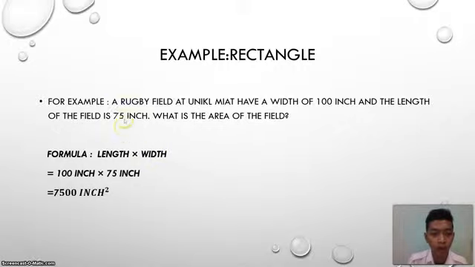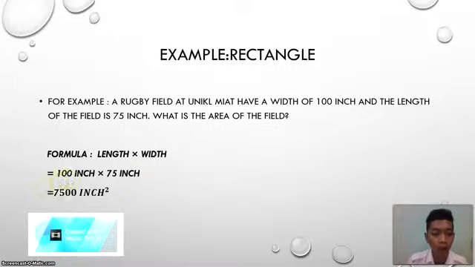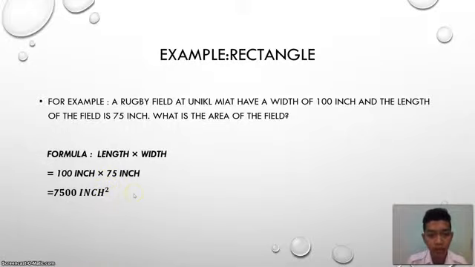So, putting the information into the formula, 100 inch times 75 inch. After we calculate, we get the answer, which is 7500 inch square. You must remember to put the square because this is area.